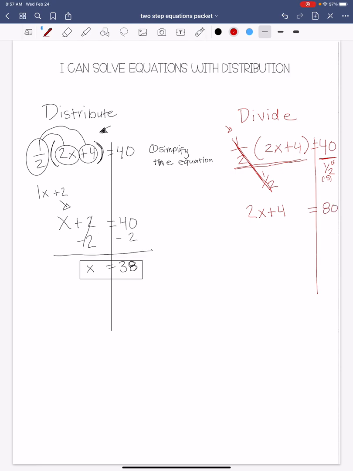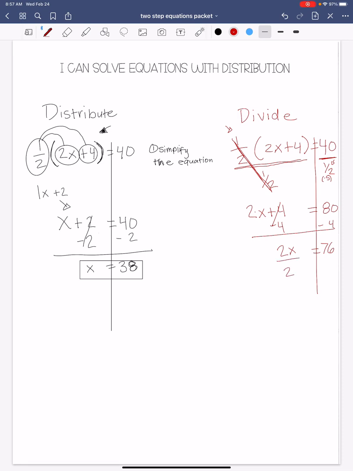And now this is a two-step equation. We have multiplication happening here and addition. We're going to undo whatever's easiest first, and since this 4 is kind of separate, it's going to be easiest. So we're going to subtract 4 from both sides. We're left with 2 times x equals 80 minus 4 is 76. And now we just have to undo multiplying by 2.